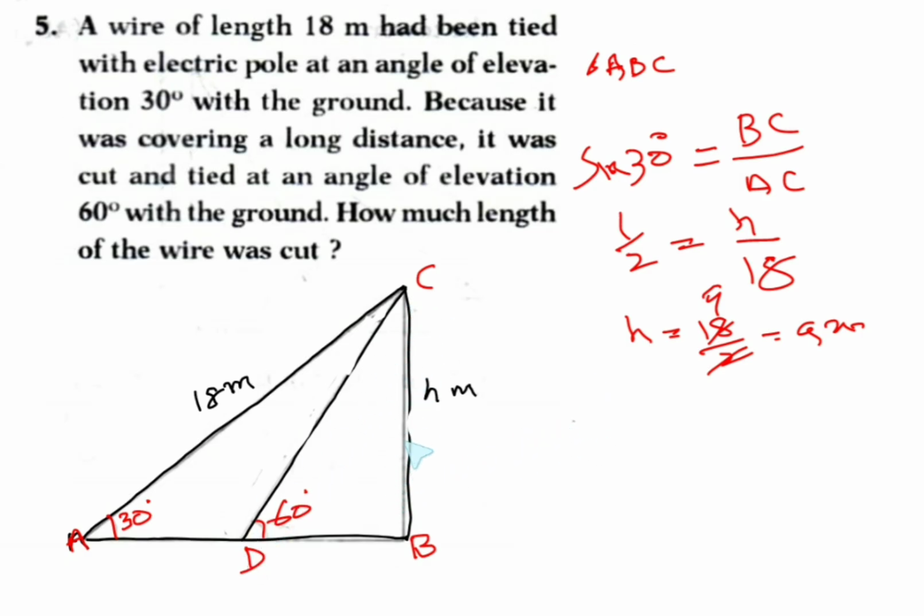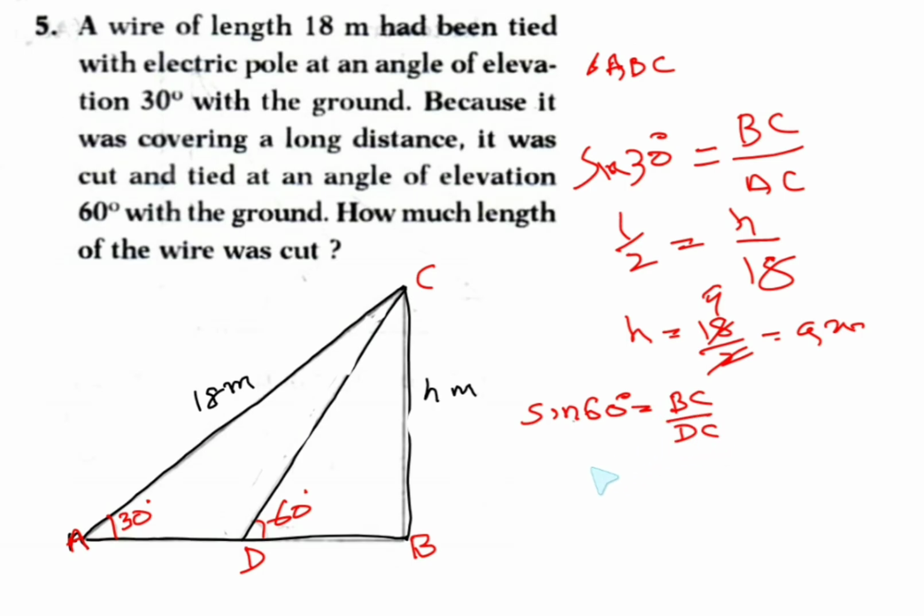The relation between CD and BC is also sin or cosec. Apply sin. Sin 60 is equal to BC by DC, or CD.